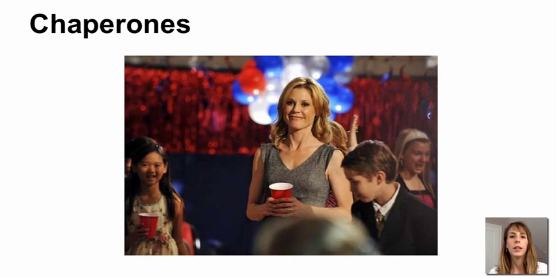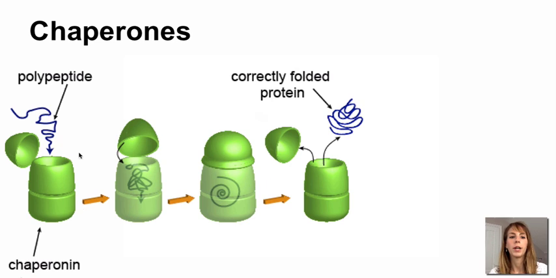Well, the cell has chaperones for young or nascent proteins. And so what you see here is a nascent polypeptide chain that's just been made. It hasn't yet folded. And what the chaperone does is provide a nice little environment to ensure that as the protein folds, it takes on the proper shape, the proper conformation.